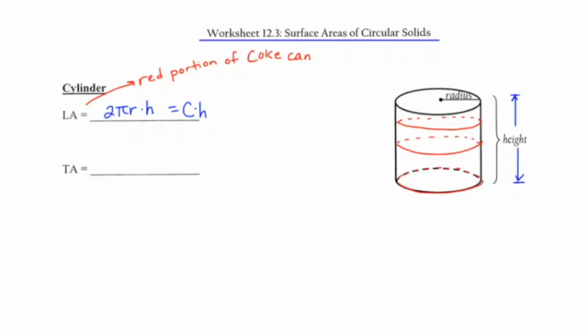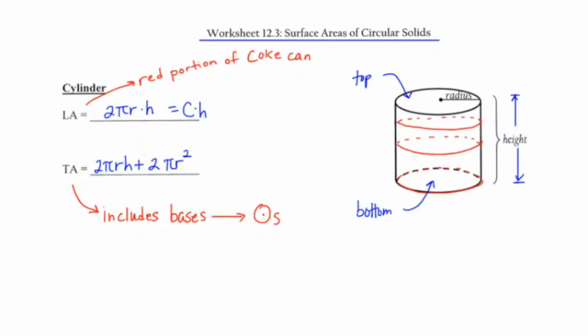Now if you want the total area, you're going to want to include the bases as well. The bases of course are circles, and the area of a circle is pi r squared. So the total area is going to be 2 pi r h, that's the lateral area, plus pi r squared, but there are two of them, one for the top and one for the bottom.